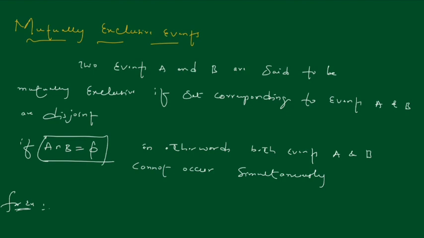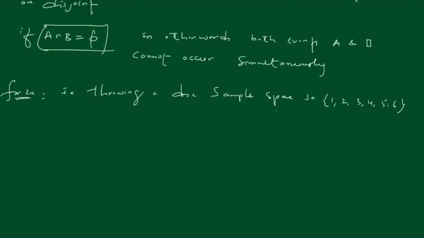If we designate the event A equals 3 and event B equals 5, then A and B are what?